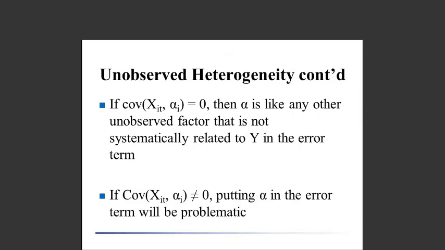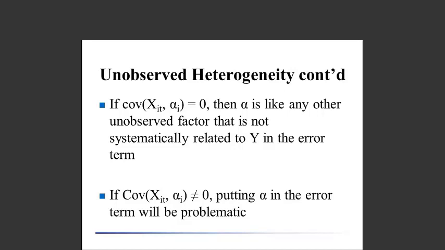Now, if alpha is not related to the other explanatory variables in our model, then alpha is like any other unobserved factor that's not systematically related to y, and it's soaked up in the error term, and we might not have to worry about it. If, however, alpha is related to other covariates in the model, then relegating alpha to the error term will be problematic, and it will result in biased estimates of our coefficients.